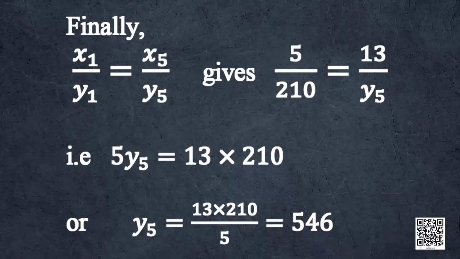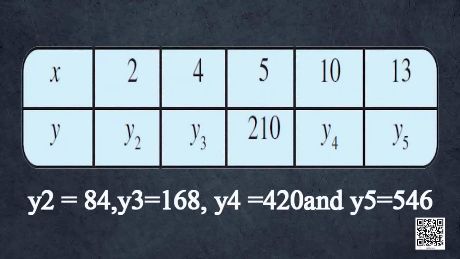That is, 5 y5 is equal to 13 into 210, or y5 is equal to 13 into 210 divided by 5, which is equal to 546.